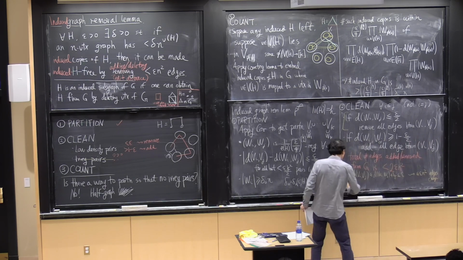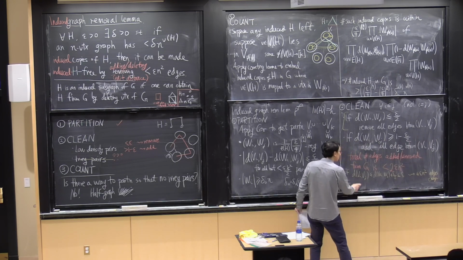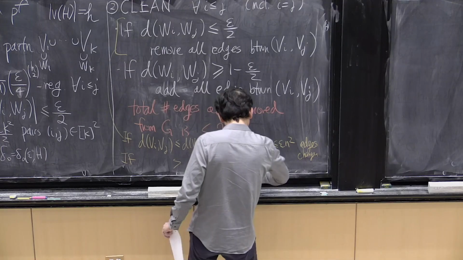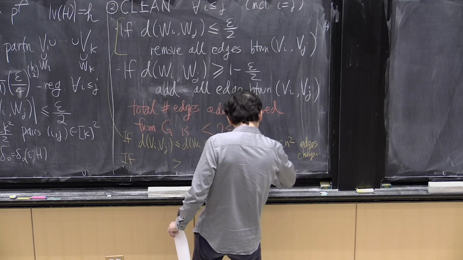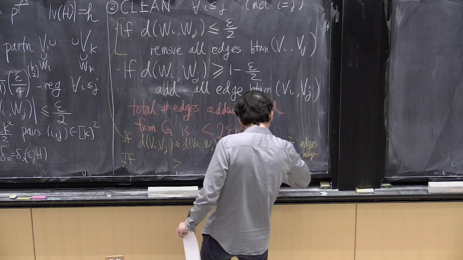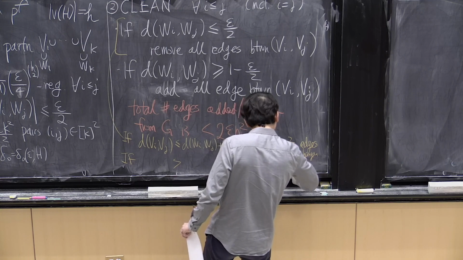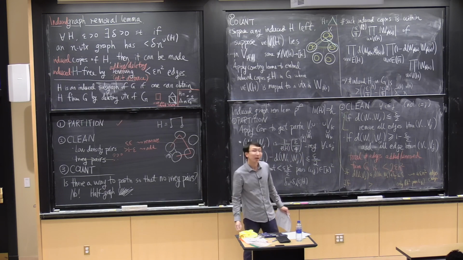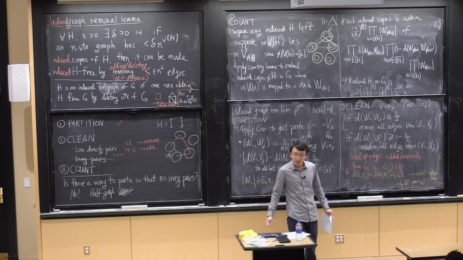On the other hand, if this is not true, then you only have epsilon k squared such pairs ij for which this cannot be true. So you also only have at most epsilon n squared edges added or removed in such cases. Okay, does that answer your question?